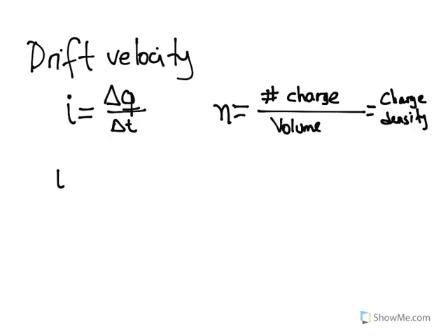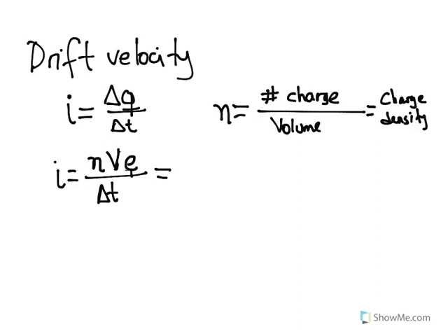So in this situation, the current is going to be the amount of charges, N times volume, times the fundamental charge, over the time. The fundamental charge is used because we're imagining that electrons are moving, so this is going to be I, the current.